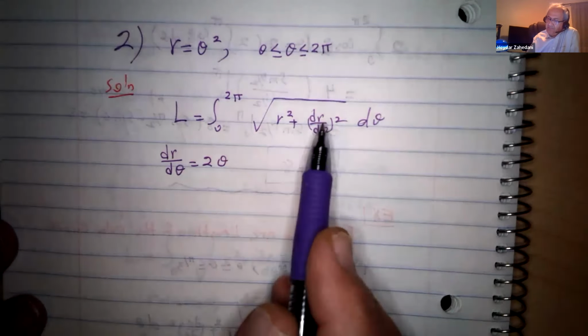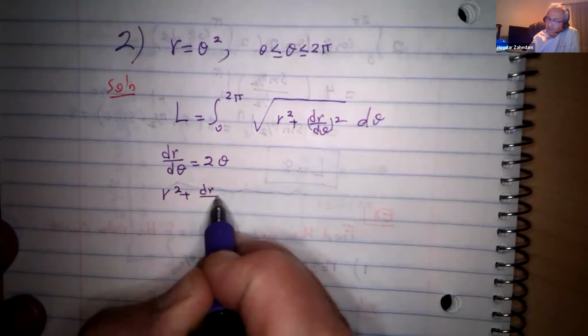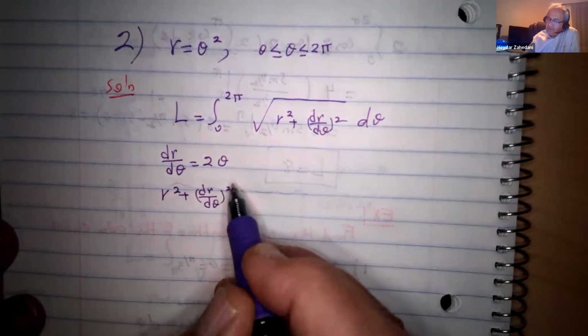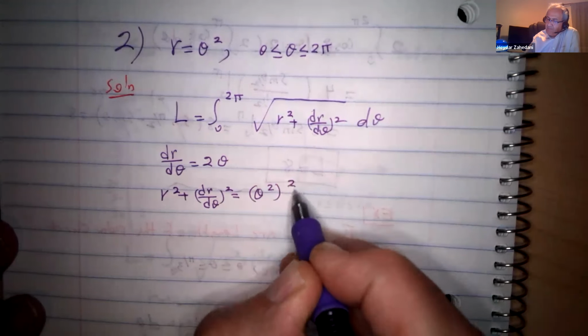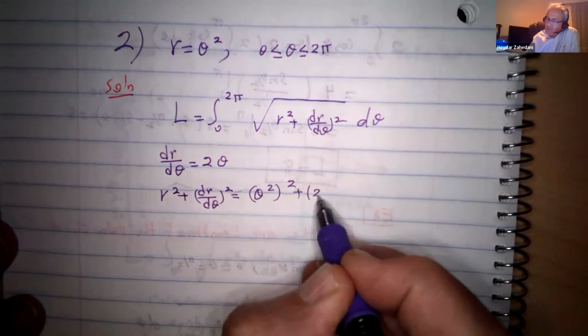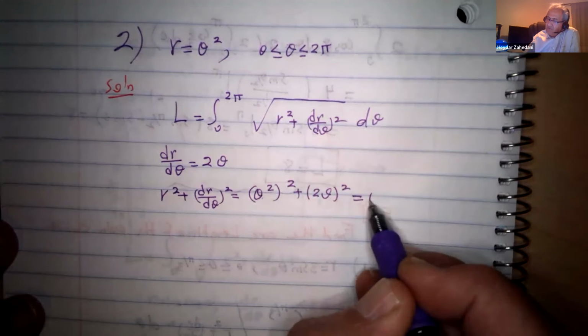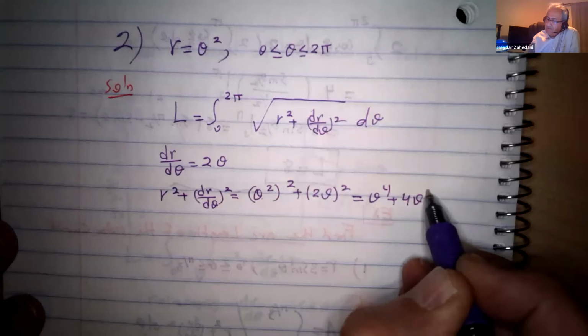So from this one, what is r squared plus dr d theta all squared? Okay, so it's going to be theta squared plus the 2 theta squared. So that gives you theta to the fourth, and then gives you 4 theta squared.